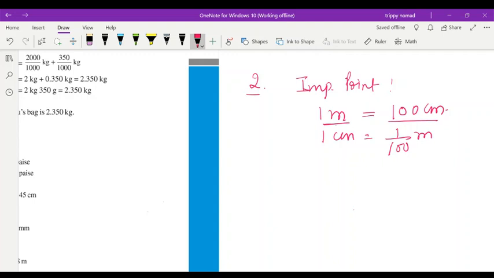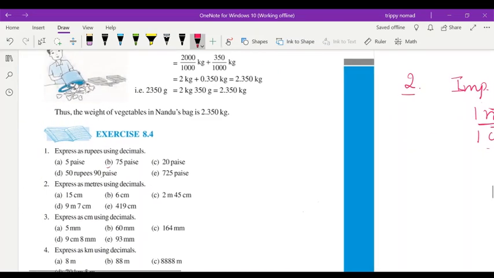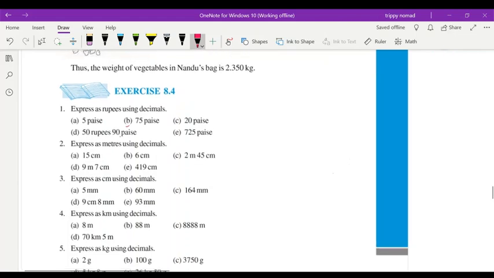So when you have to convert meter into centimeter, you will multiply. When you are going to convert centimeter to meter, you are going to divide. Here, 1 meter is 100 centimeter, and 1 centimeter is 1 upon 100 meter. You learn like that.